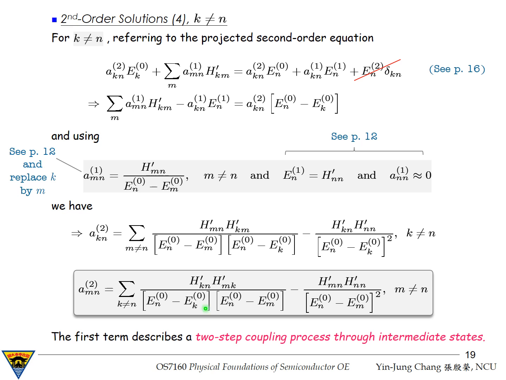So this term represents second order mixing through intermediate states. The second term shown here involves the first order diagonal energy shift h sub nn prime, and it acts as a correction that must be subtracted when the first order energy correction is already present.